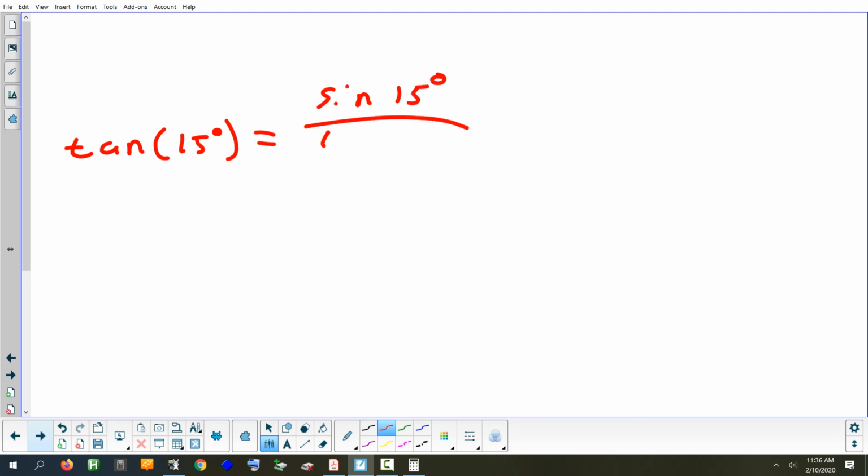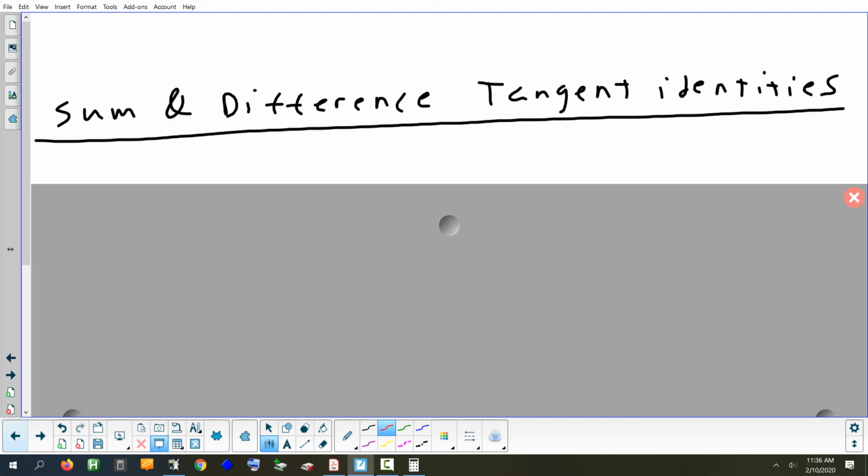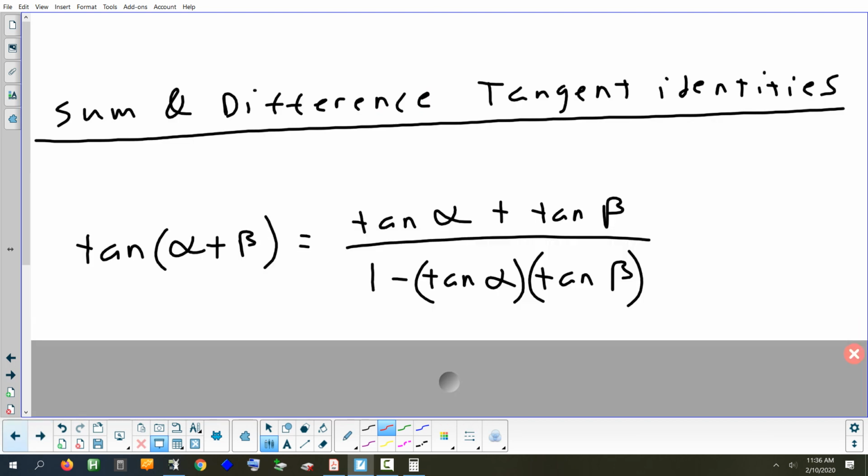Awfully long way to do it, but you could. You could do the sine of 15, get that answer, cosine of 15, get that answer, and then divide them. So you'd end up with a fraction in the top, fraction in the bottom, so you'd multiply by the reciprocal. You could. Or, there's this formula.